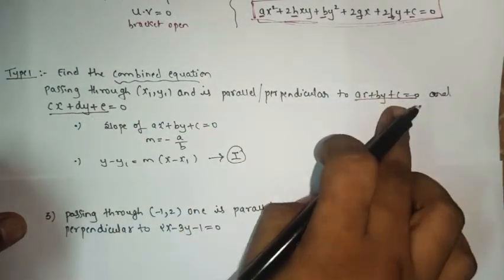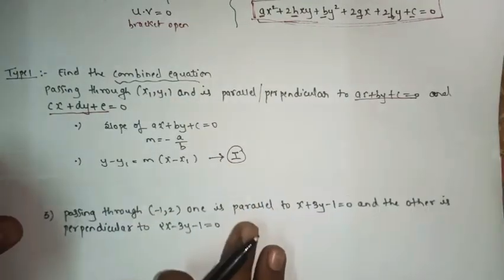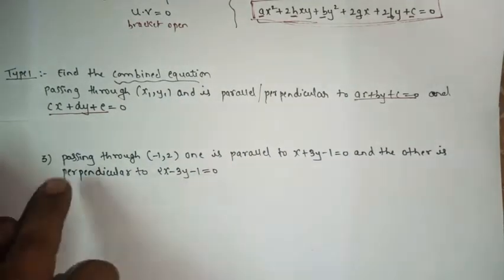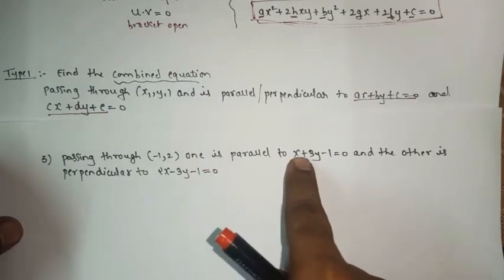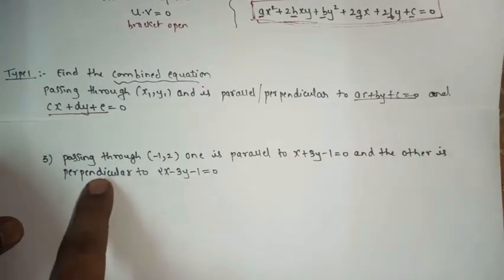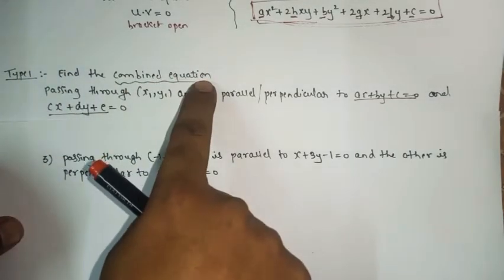Let us replace this with an example: passing through (-1, 2), in which one is parallel and the other is perpendicular, and then we have to find the combined equation.